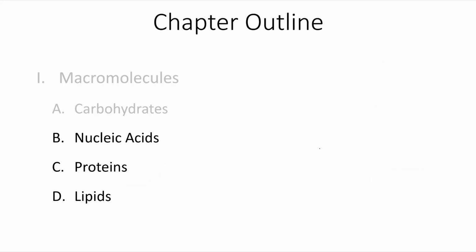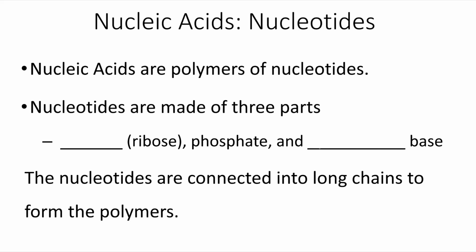Our next type of macromolecule are nucleic acids. Nucleic acids are polymers of nucleotides. So nucleotides are the single building blocks, or the monomers, for the nucleic acids. Nucleotides themselves are made up of three parts. There's a sugar, known as ribose, a phosphate group, and one of four nitrogenous bases.